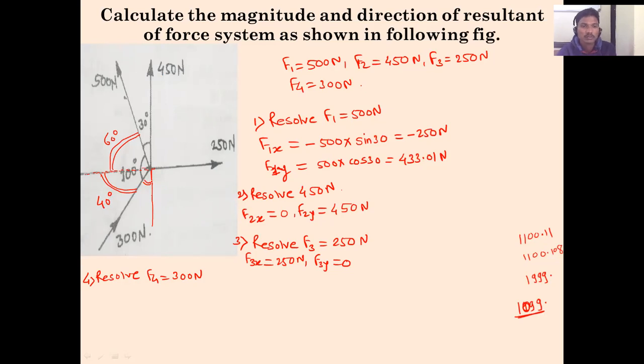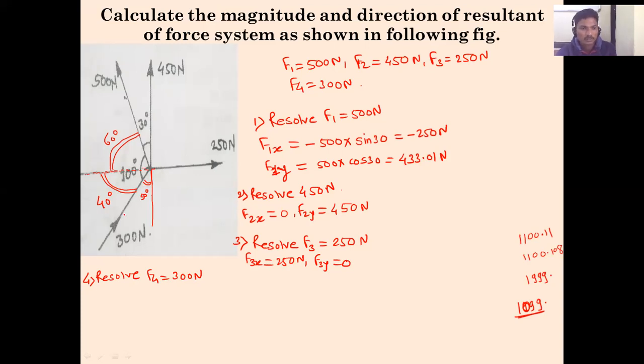This vertical line has 180, no? So out of that 180, I know 100 plus that 30, 130. So 180 minus 130 is 50. It will come 50.